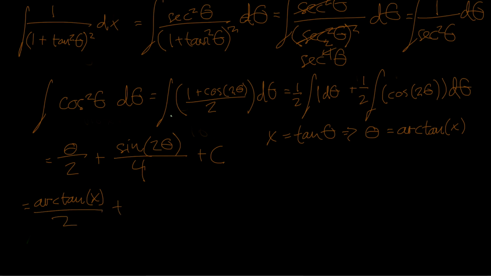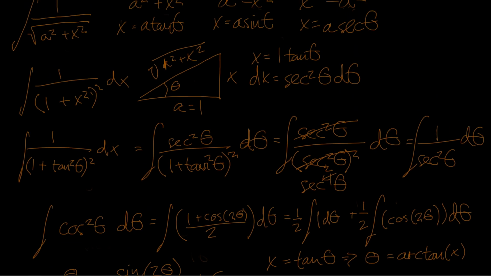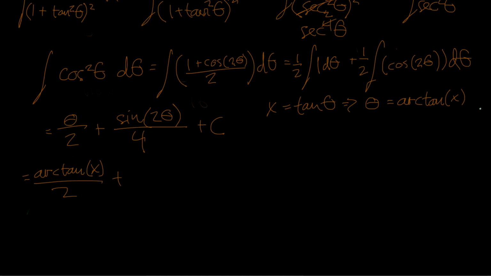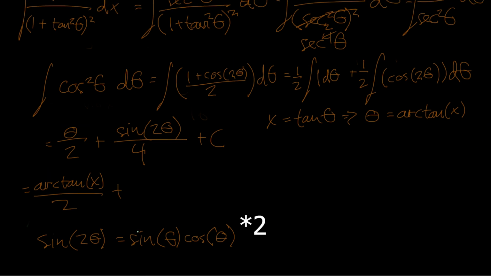But it's the second one which is a little bit more tricky, right? This sine 2 theta. And the reason it's more tricky is because we don't have a very convenient 2 theta or anything like that. So we have to reinterpret this sine 2 theta as sine theta and cosine theta. And this is just a standard identity, a double angle identity that you should have known. And now we can find the sine of theta.